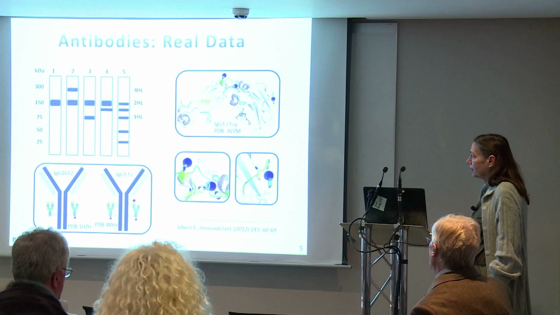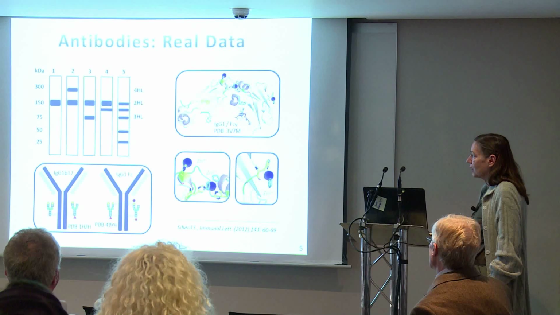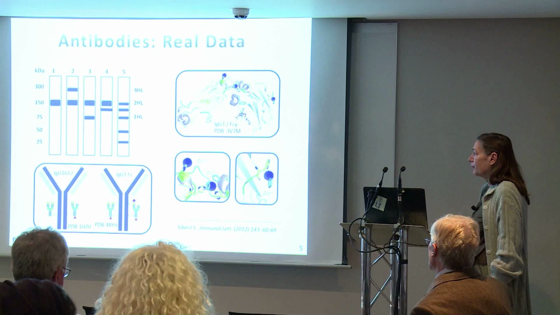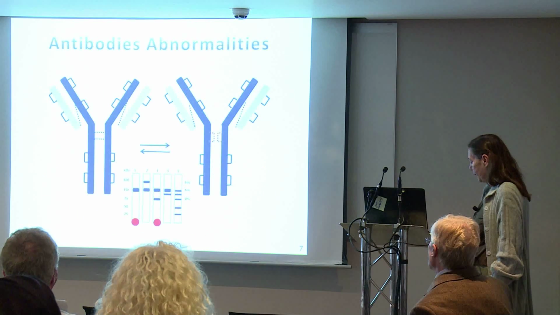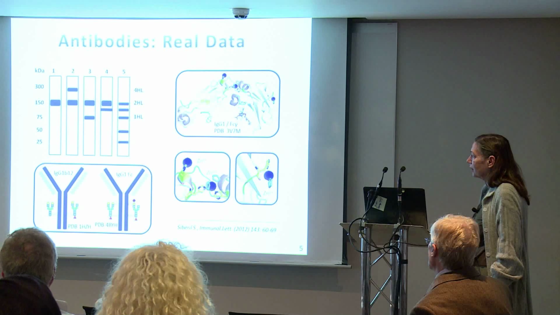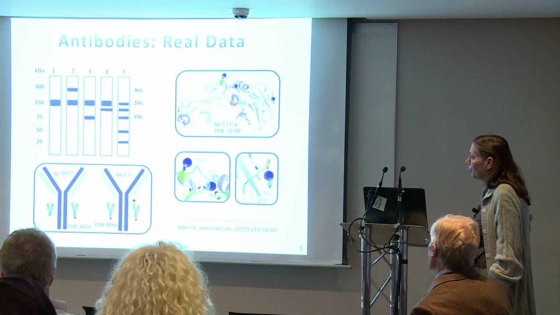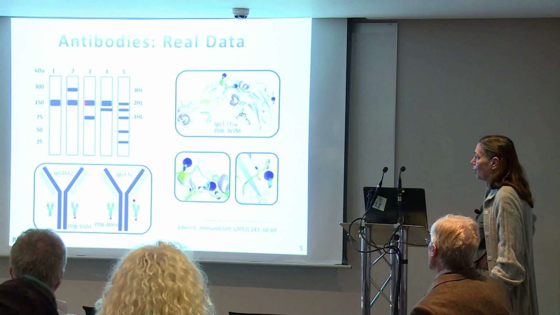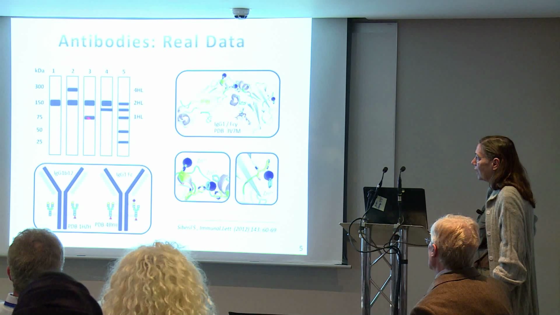Antibodies, real data, whether they are used as drugs or for research diagnostics, very often they give multiple bands on gels, and instead of a single band corresponding to the intact subunit, you can see oligomers or disintegrated subunits.